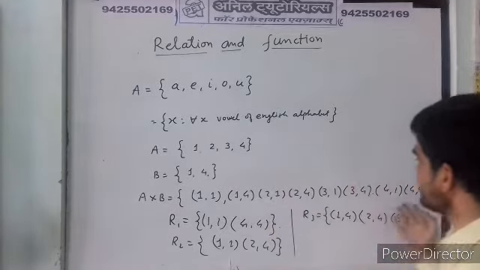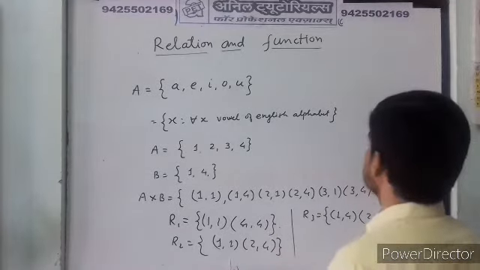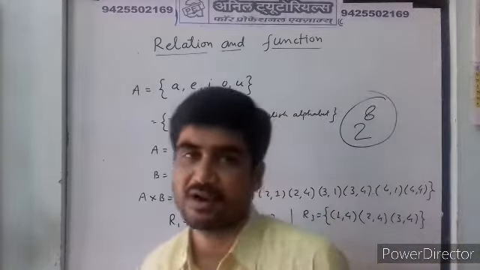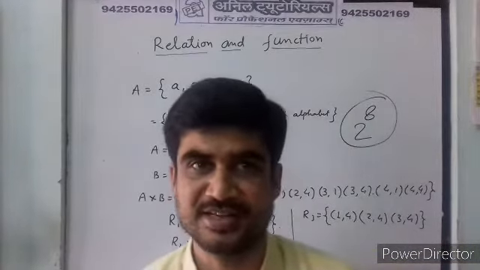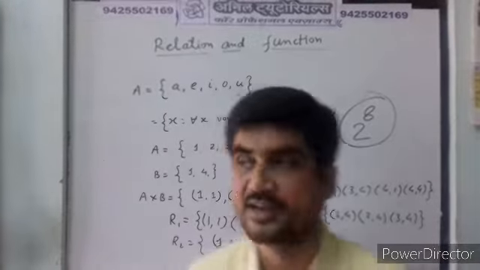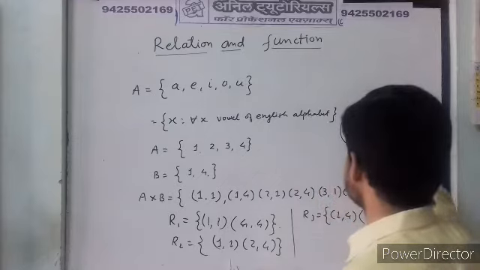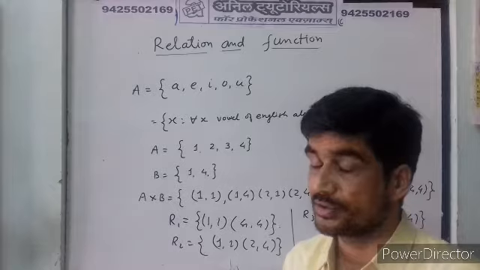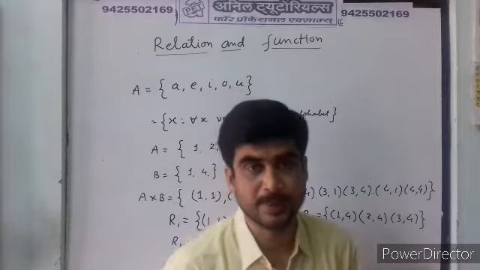We have 8 elements, so 2 raised to power 8 is the number of subsets you can get. Is it clear, children? This will be 256 subsets.